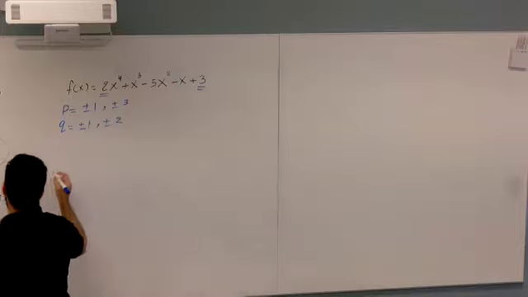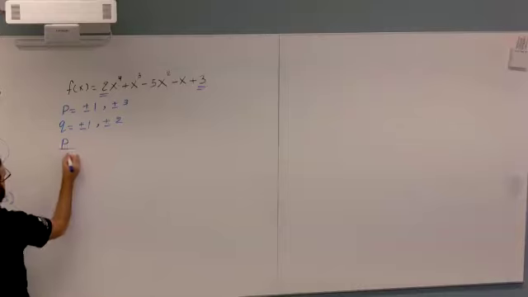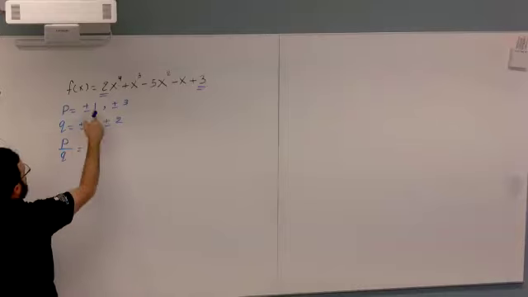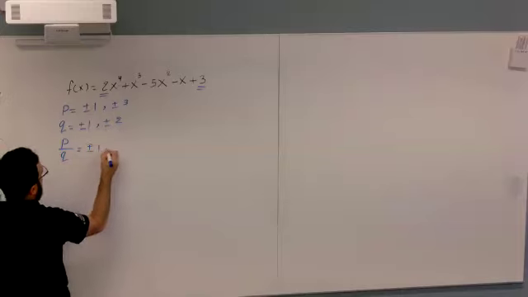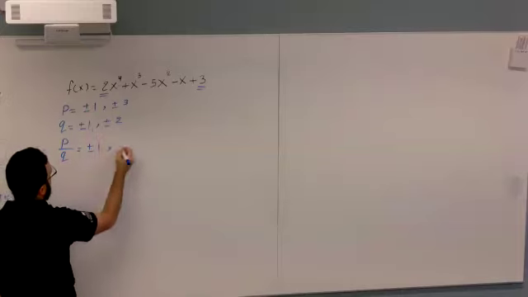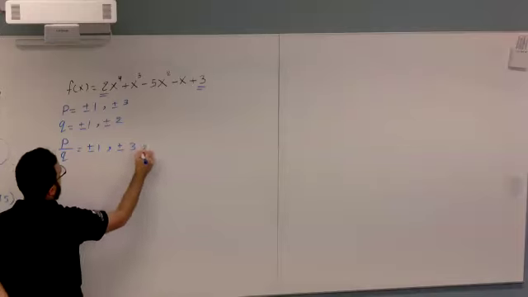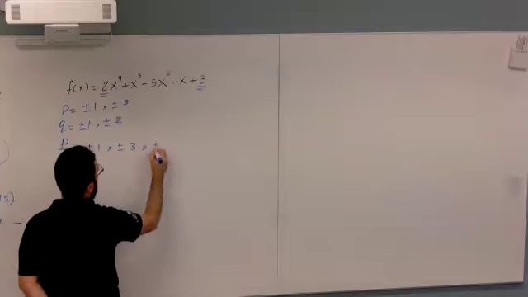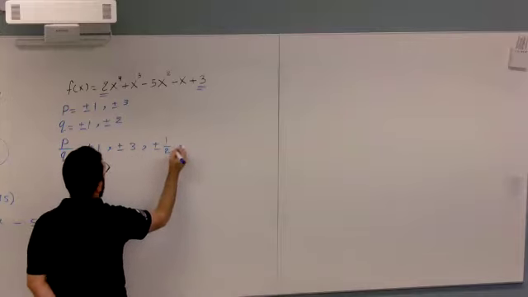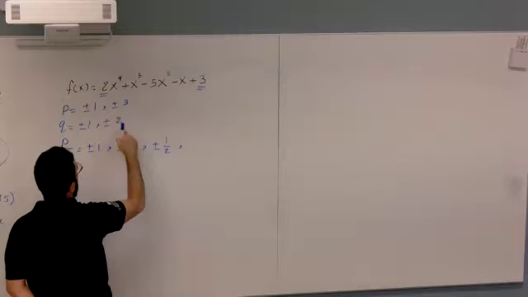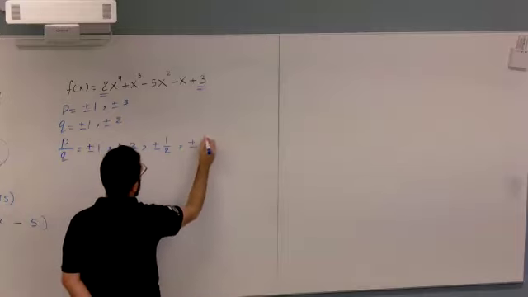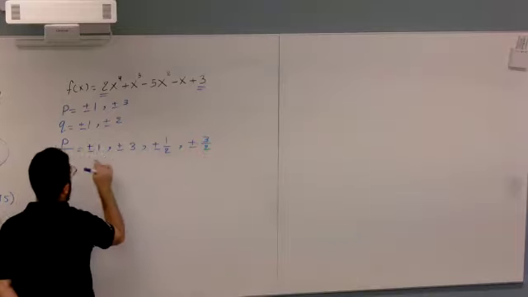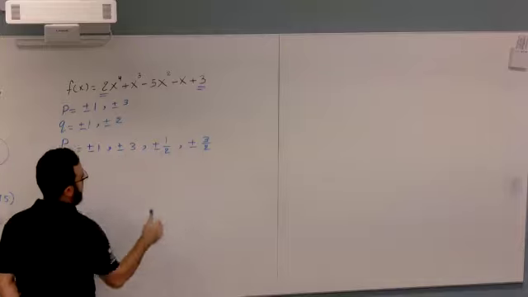Now, the possible zeros equal P divided by Q. So 1 divided by 1, and 3 divided by 1, and 1 divided by 2, and 3 divided by 2. We have 1, 2, 3, 4.